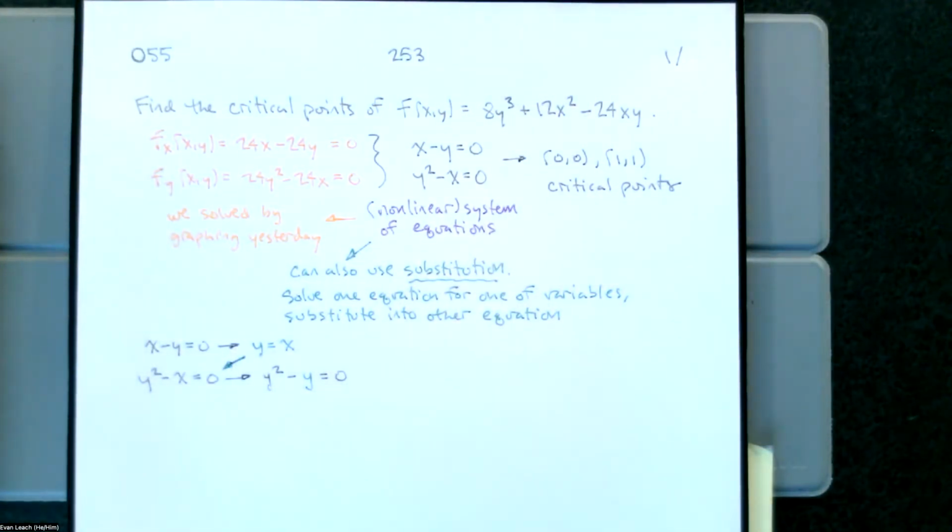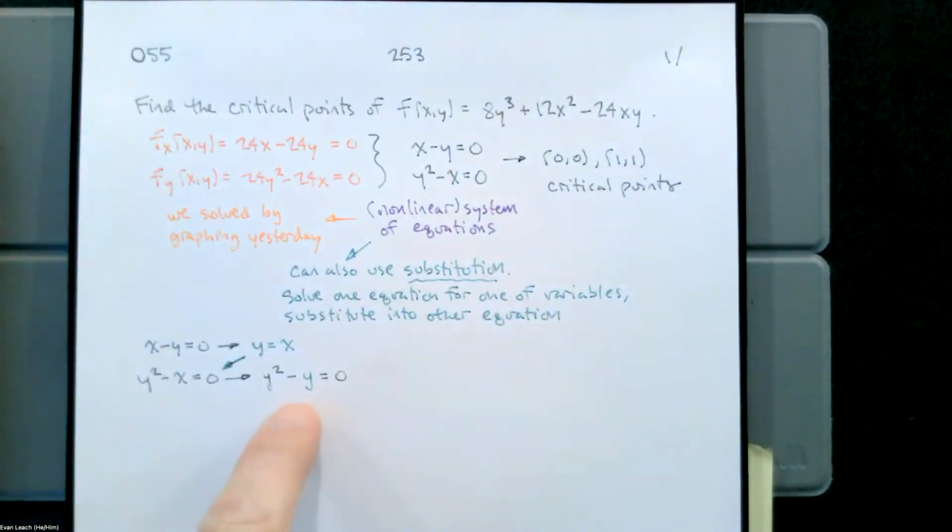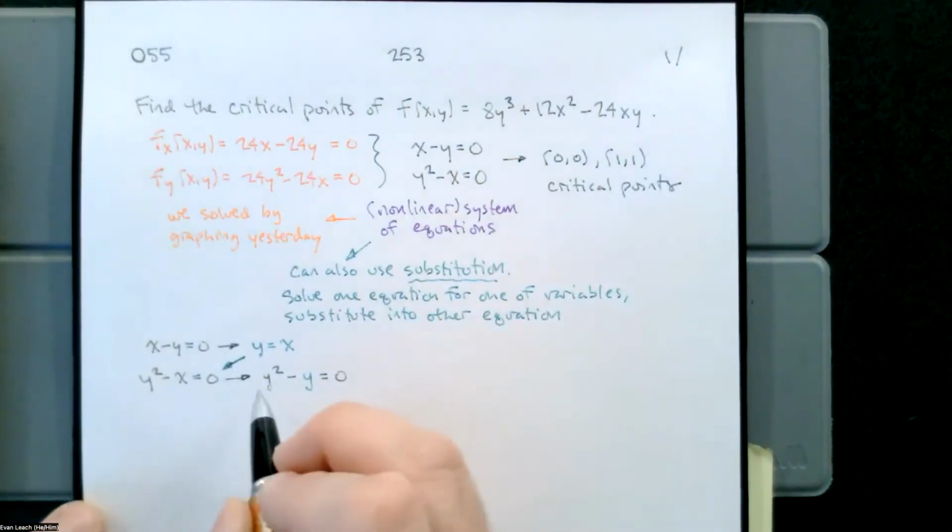Solve one equation for one of the variables, substitute that into the other equation. The goal is to get one equation with one variable. And that's what we have here. One equation with one variable.